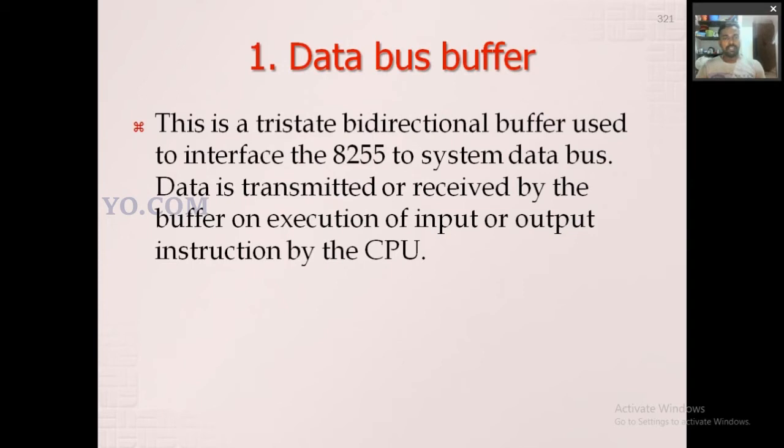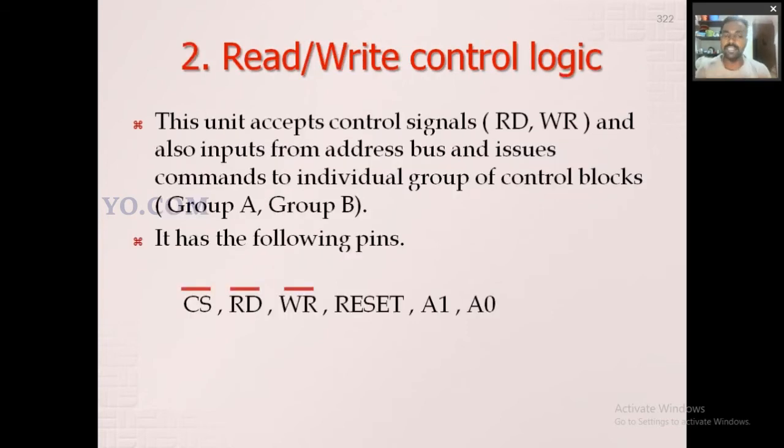Data is transmitted or received by the buffer on execution of an input or output instruction by the CPU. The buffer transfers data in a bidirectional manner. Then the read-write control logic accepts the control signals read, write, and also input from the address bus, and issues the command to the individual group control blocks, group A and group B control.